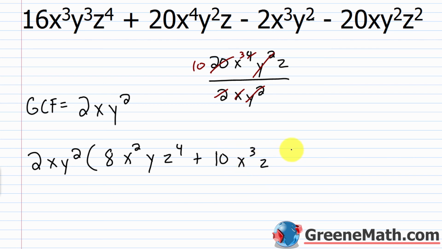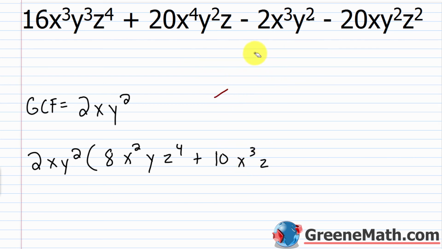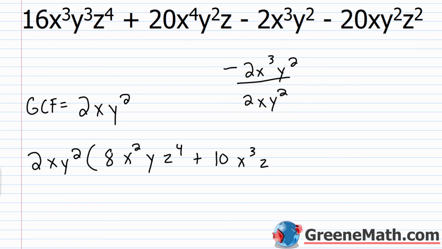And then move on to the next term. I have minus 2x cubed y squared. And this is over, again, the GCF of 2xy squared. So negative 2 over 2 is negative 1. X cubed over x is x squared. Y squared over y squared is 1. So this would be negative x squared.